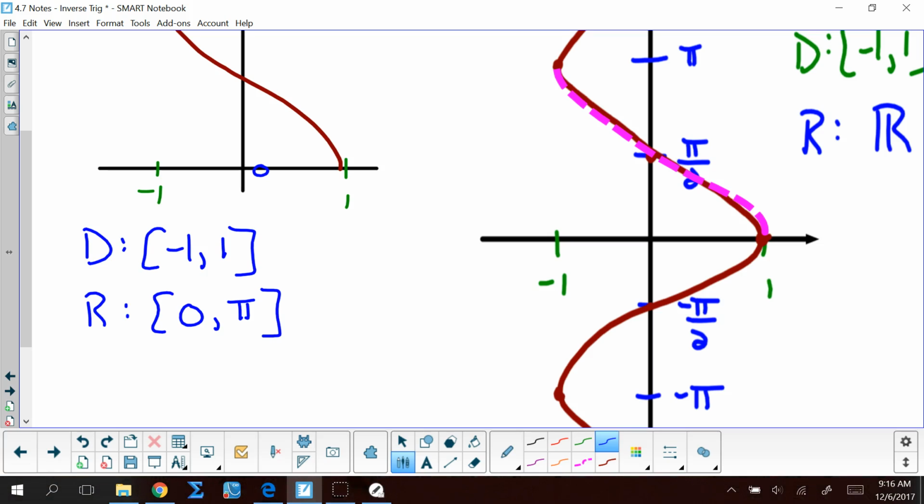On the unit circle, with inverse sine, we were on the right half of the circle. With inverse cosine, where are we?